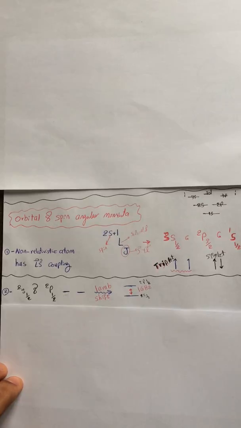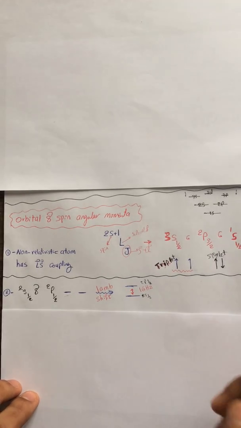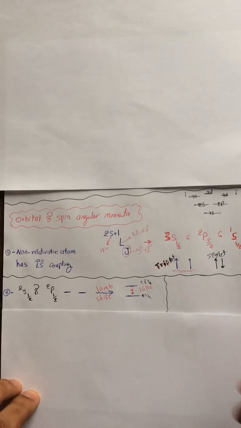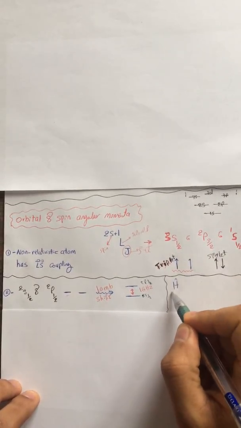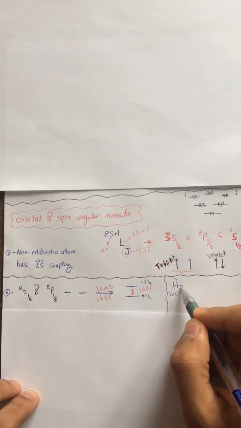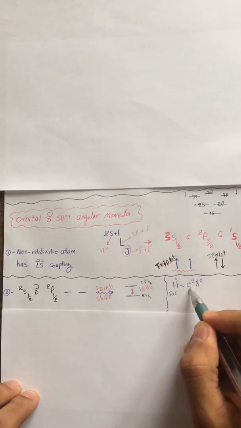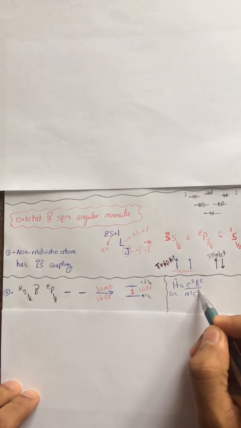Okay, so let me just, before getting to the third point, remind you that for spin orbit coupling I can write down the Hamiltonian for spin orbit coupling as the following. So accept it like this. It has a deeper definition, but I just get you to the final result.